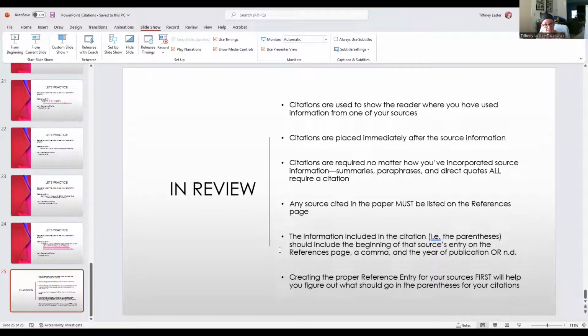It has to be. And the entry should match up. You have to make sure you have the reference entry correct so then you know what to put in your citation, and then it will match up exactly like it's supposed to. So anytime you use information from a source, cite it right away, right then and there, right after that information is typed out.